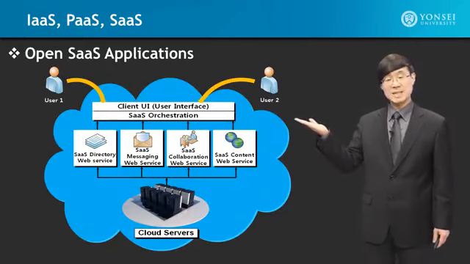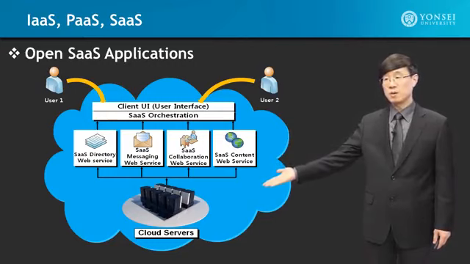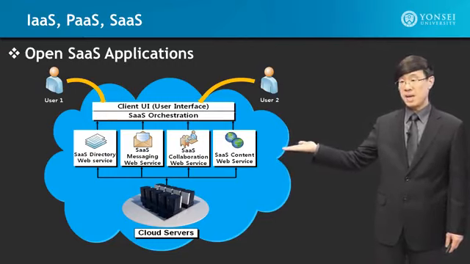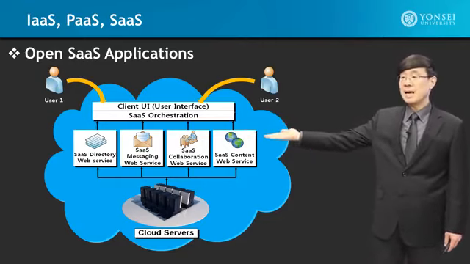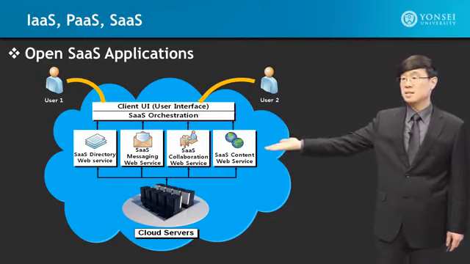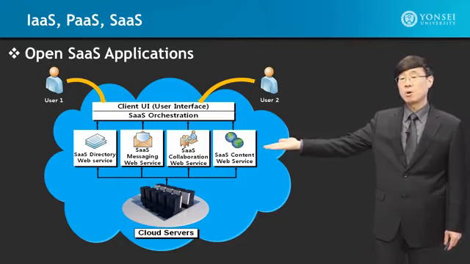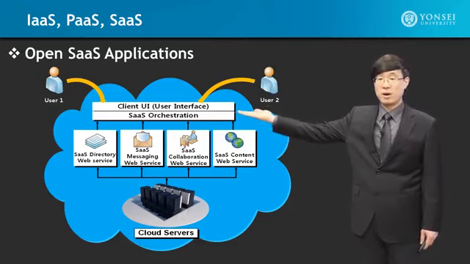The open SaaS application structure looks like this. Interfacing with the cloud servers, we have the major units that we want to use: the SaaS directory web service, the SaaS messaging web service, as well as the SaaS collaboration web service and the SaaS content web service. These are provided to us through a SaaS orchestration layer.